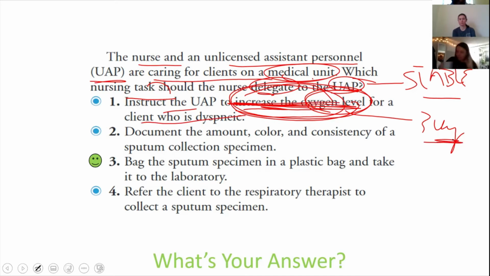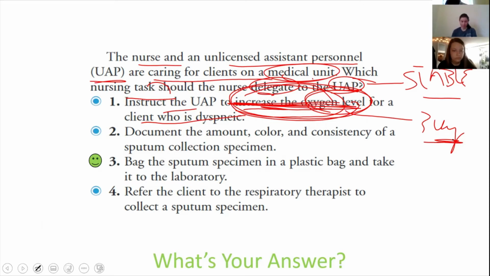So I could say something like, instruct the UAP to get the patient admitted with dehydration out of the bed. You would think, okay, well, I'm a PCT. I can get people out of the bed. What's the big deal? Well, they're dehydrated, risk for fall, therefore unexpected outcome.